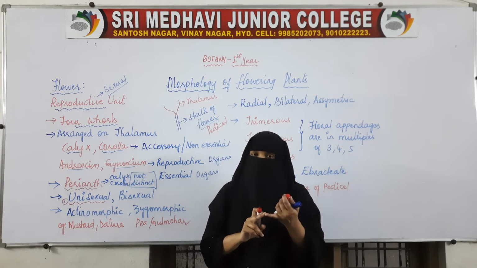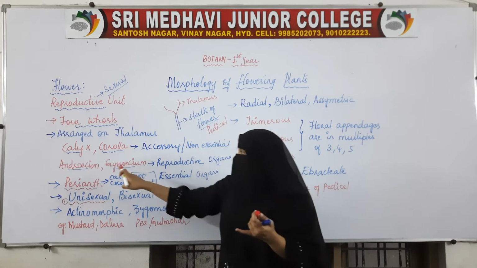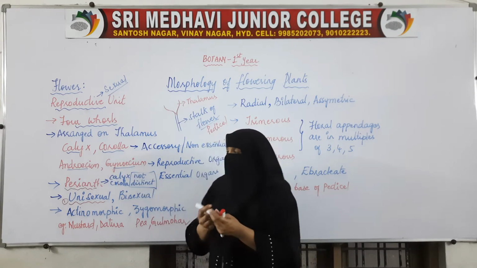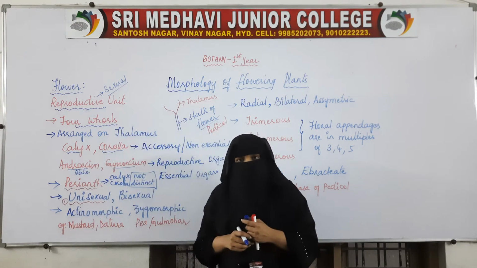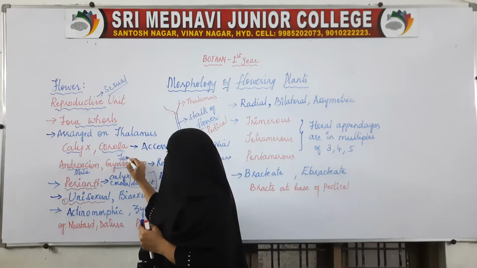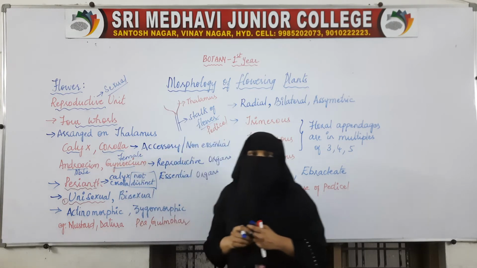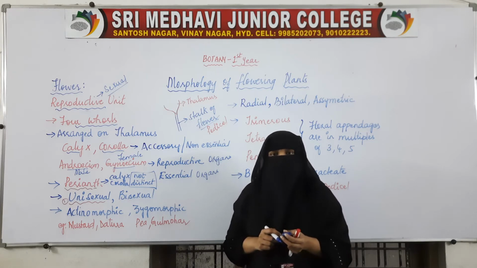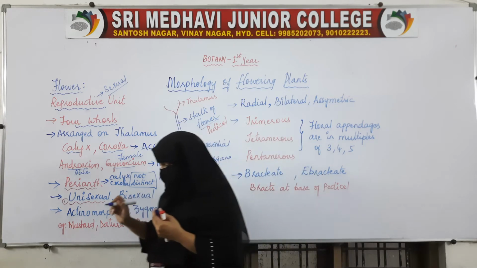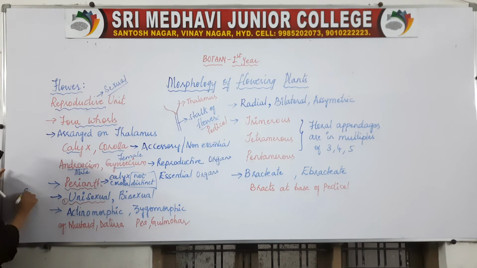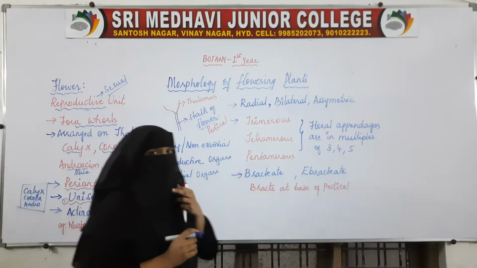Flowers can have two reproductive organs, androecium and gynoecium. Androecium is the male reproductive organ, whereas gynoecium is the female reproductive organ. So, if a plant has only calyx, corolla and androecium, then it is called a unisexual flower.